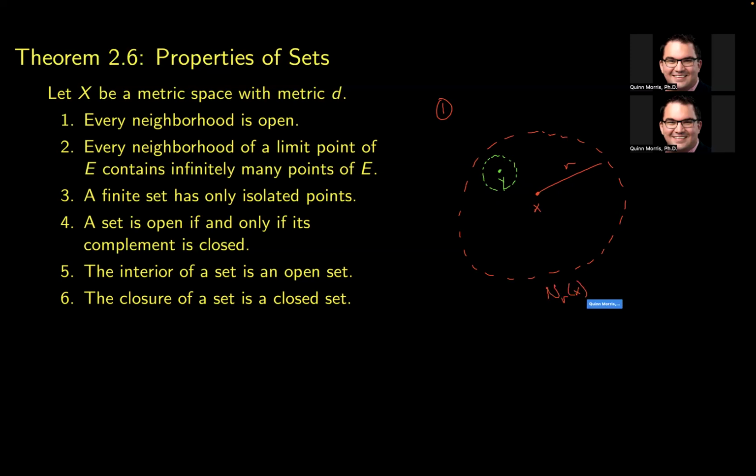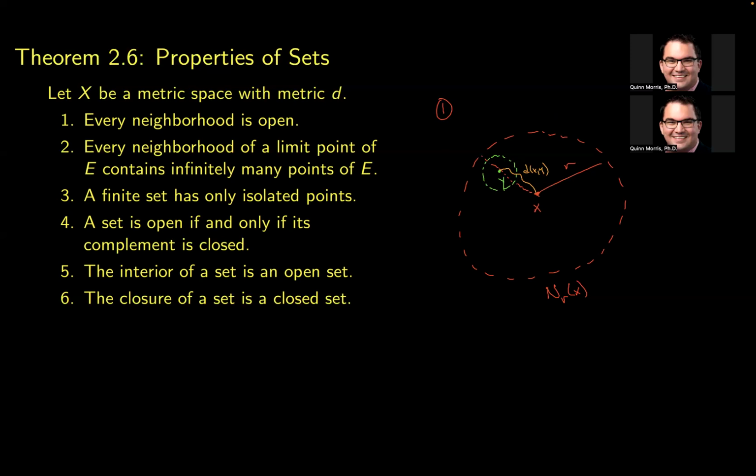The really tricky part here is figuring out what radius will make sure my green circle stays inside of my red circle. The trick is to imagine that you drew a straight line through here. This distance here is the distance from X to Y, whatever that happens to be.